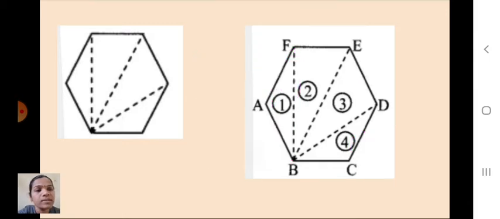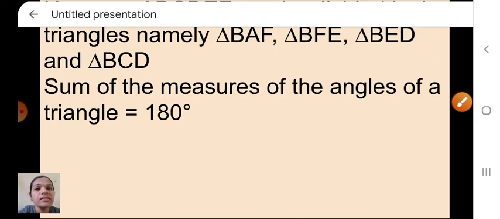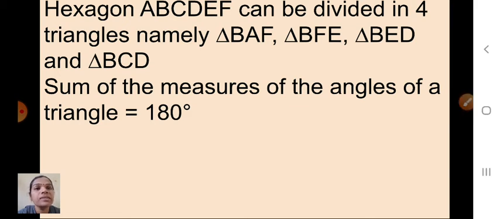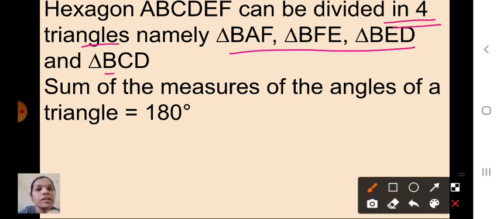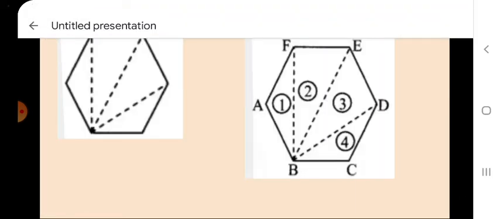Okay children, see here, I will tell you. That hexagon ABCDEF can be divided into 4 triangles. The names of the triangles I have written here from this figure.